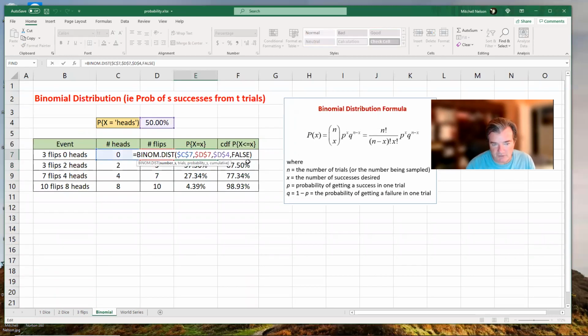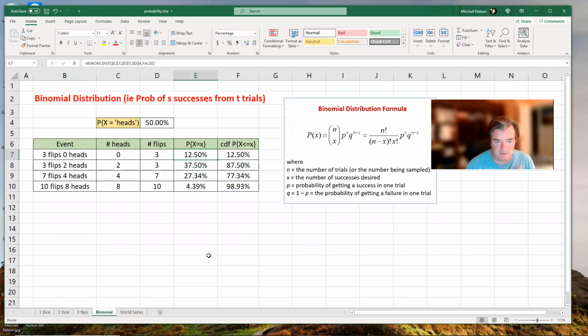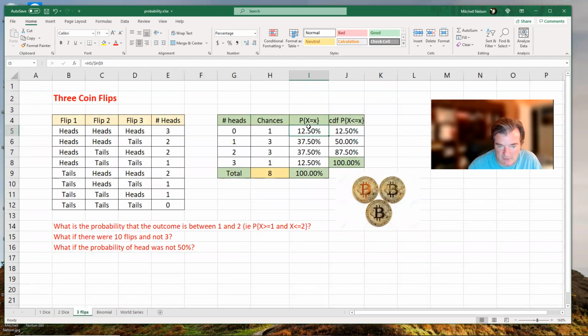If you say false here, you're really looking at this column. And if you say true, you're looking at this column. That's all the difference between the true and the falses. Okay, so we know this one came out 12.5, and the cumulative distribution was 12.5. We actually manually did it right here, 12.5, 12.5, right?